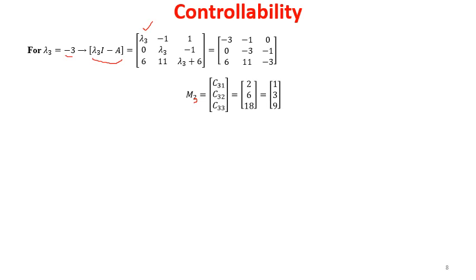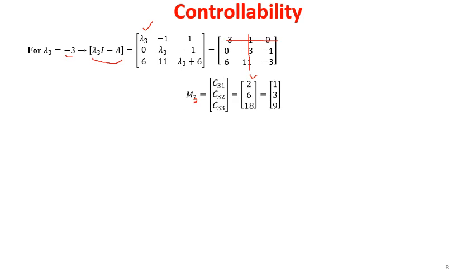Similarly, for finding out that one, we have to eliminate this column and this row. So we get the value for this determinant, that is for 3 minus 1, 11 minus 3, equal to 2. Next for C32, we need to find the determinant after eliminating this column and this row, 0, minus 1, 6 and minus 3.